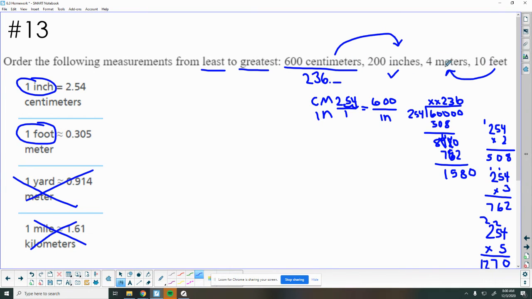Okay, so let's turn 4 meters into feet. We can see that 1 foot is 0.305 meters, and we have 4 meters.